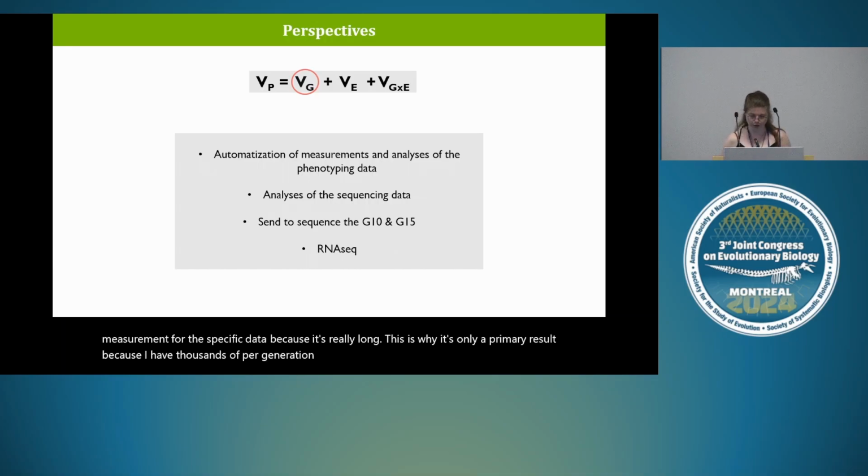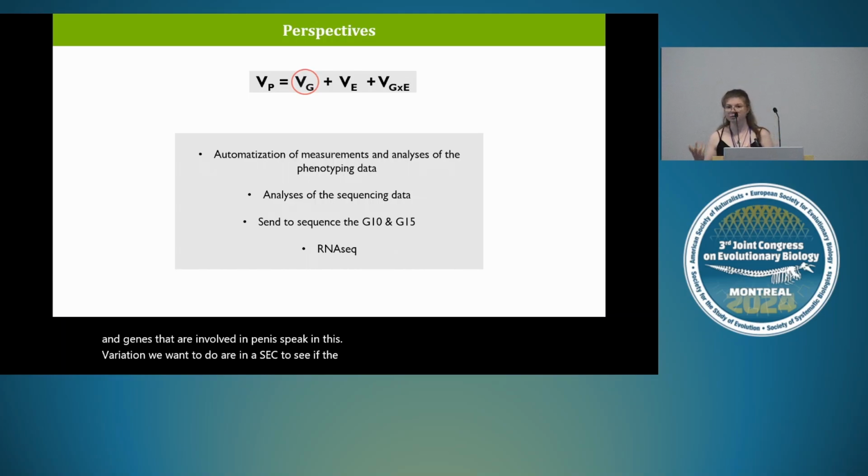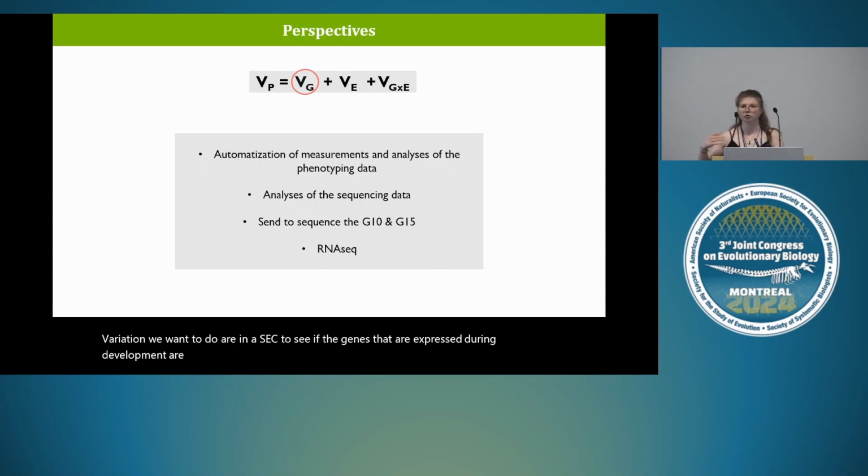And I need to do the analysis of the sequencing data, and when we have found the alleles and genes involved in this phenotypic variation, we want to do RNA-seq to see if the genes that are expressed during development are the same that are targeted by sexual selection.